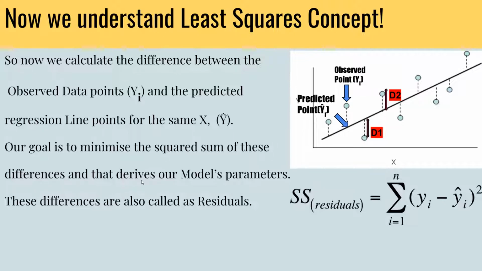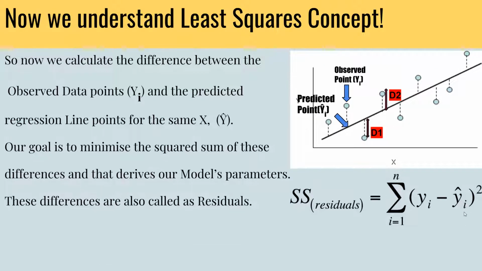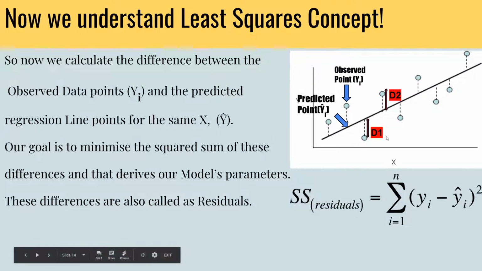It's simply a line equation, and a line, as I told you, is defined by y equals mx plus b. Now x and y are our independent and dependent variables, and m and b are constants. So our goal is to find those constants. Sometimes, a little extra information, these differences are also called residuals, as they are the differences between yi and yi cap.